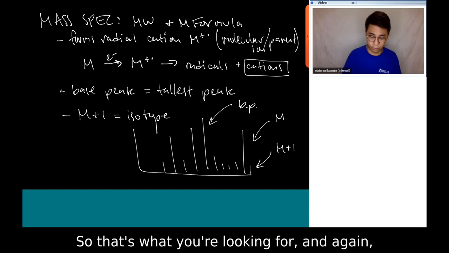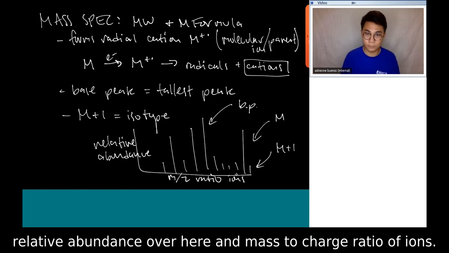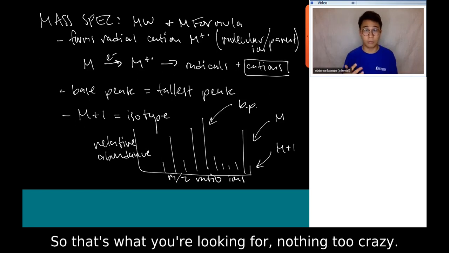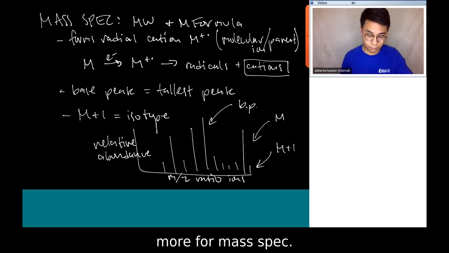So that's kind of what you're looking for. And again, relative abundance over here, and mass to charge ratio of ions. So that's what you're looking for, right? Nothing too crazy. So let's get to a new page because there's a little bit more for mass spec.